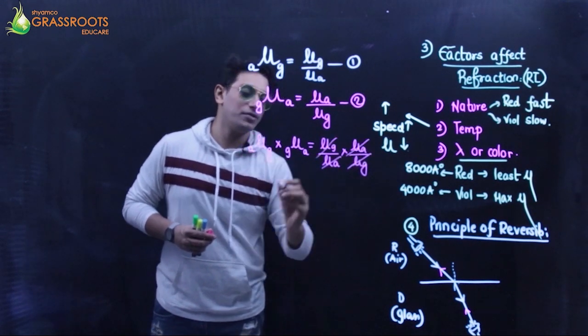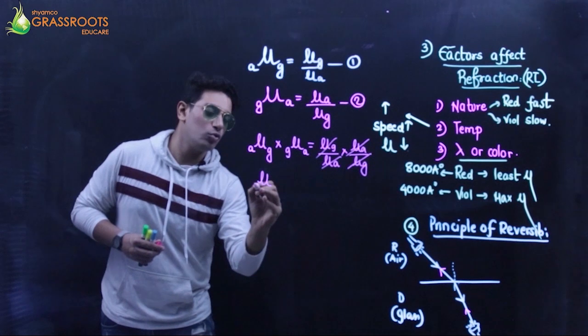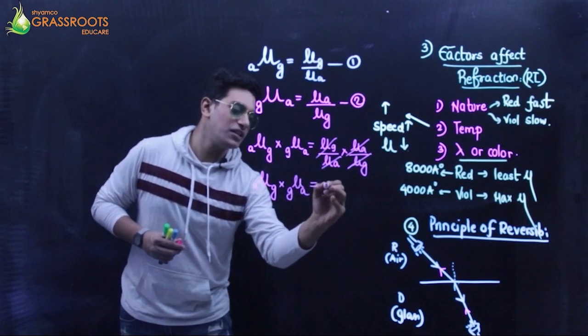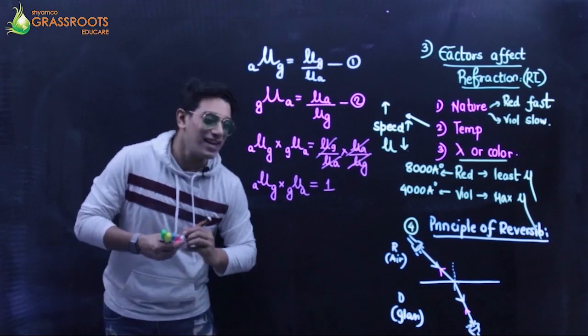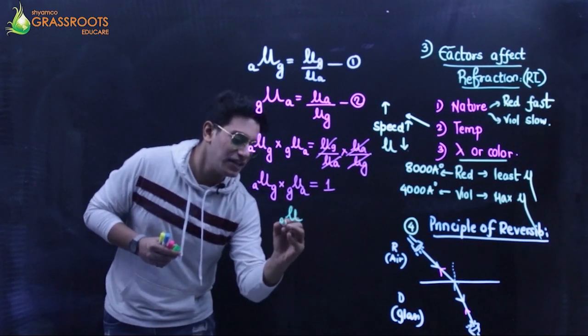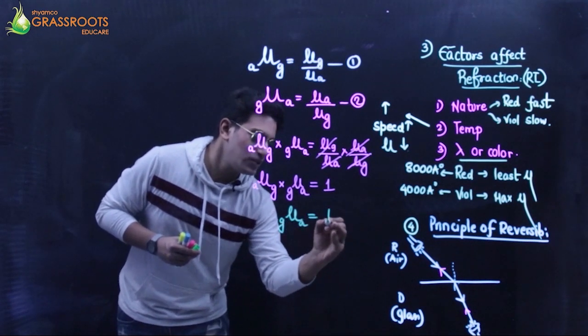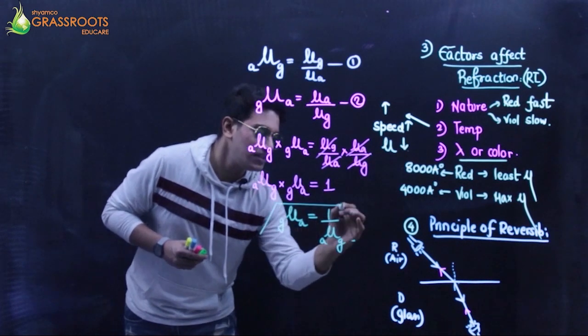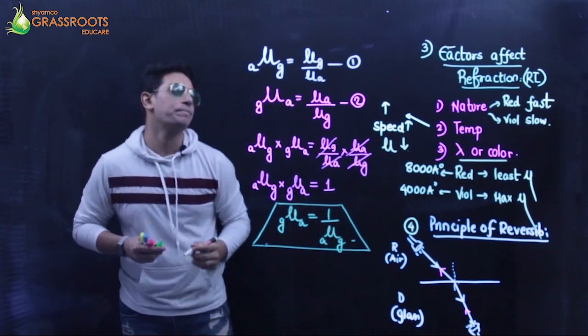That cancels out. So I get mu ag into mu ga equal to 1. Get that down, guys. So the refractive index glass to air is 1 upon the refractive index air to glass. This is the connection.